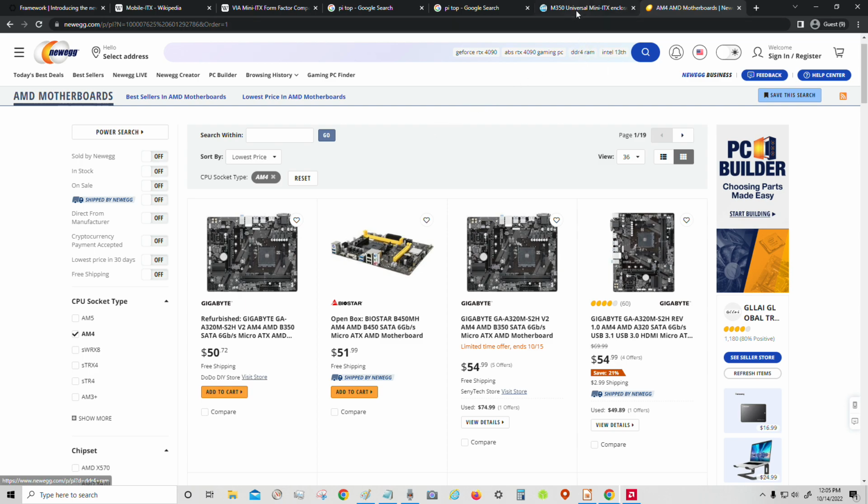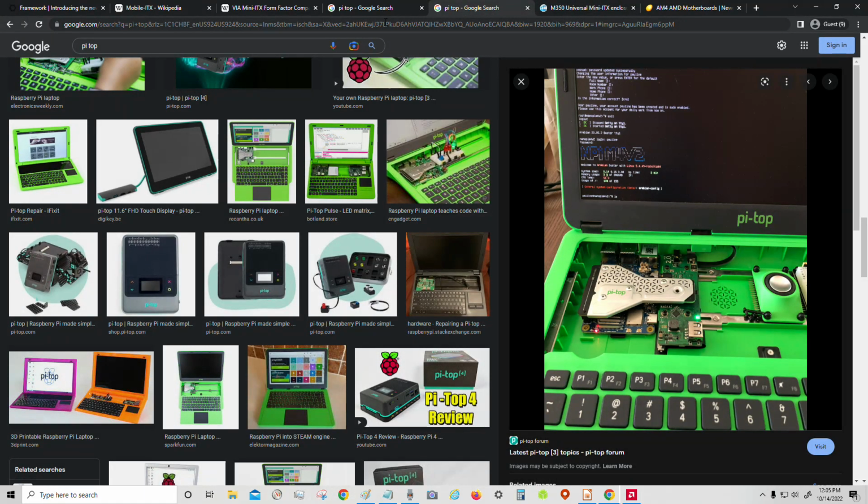The reason I'm actually making this video is because I've seen a lot of interesting laptops with single board computers. One of them is the Raspberry Pi, and about a year ago I received a Pi Top. I didn't buy the entire working laptop, but I got one on eBay.